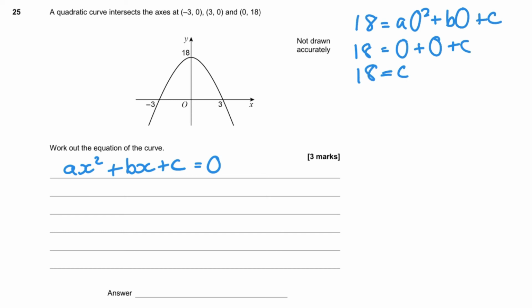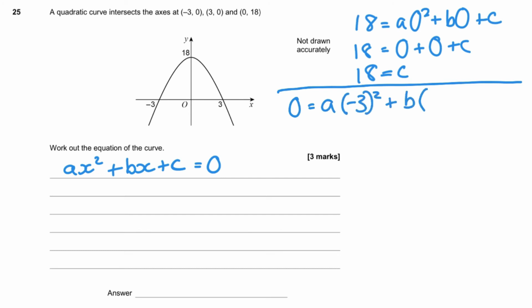So the other thing that we've been told is that when x equals 3, y equals 0, and also when x equals minus 3, y equals 0. So let's make some equations out of that. So when y equals 0, we've got a times minus 3 squared plus b times minus 3 plus 18 because we know what c is now.